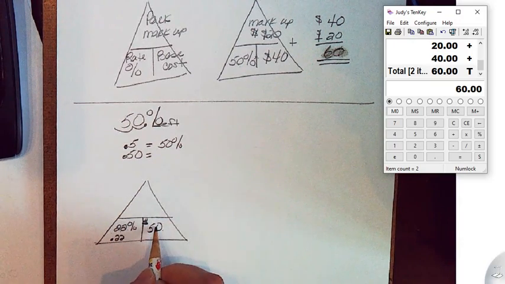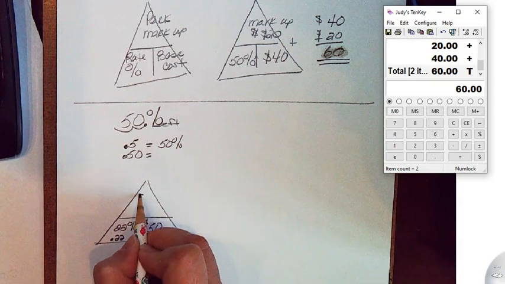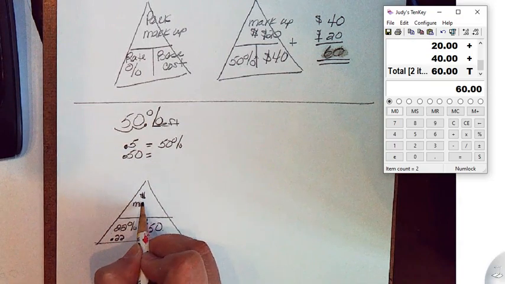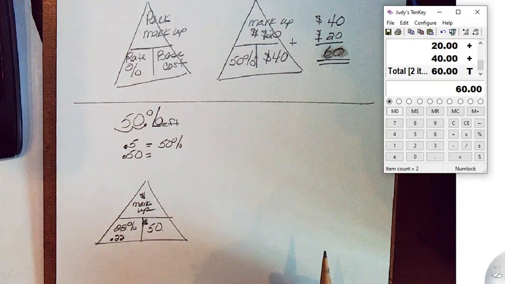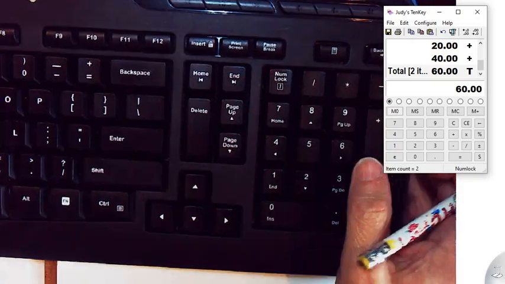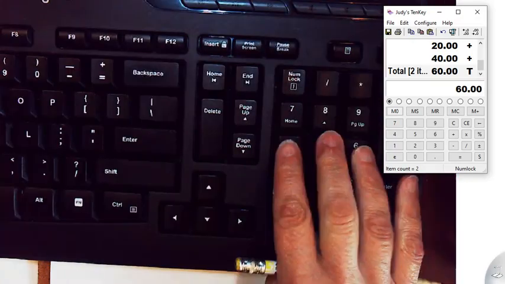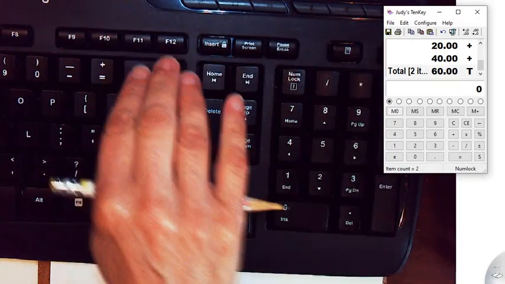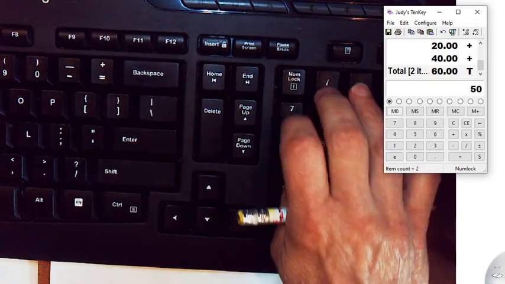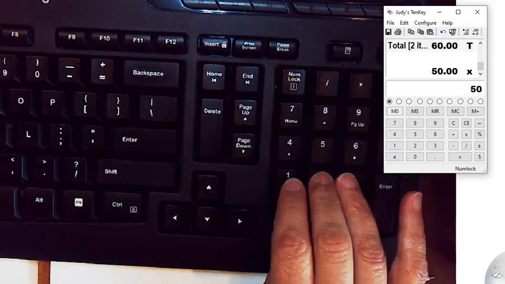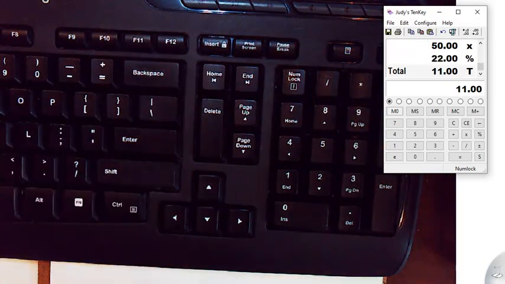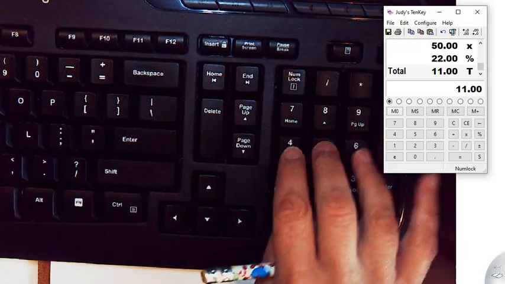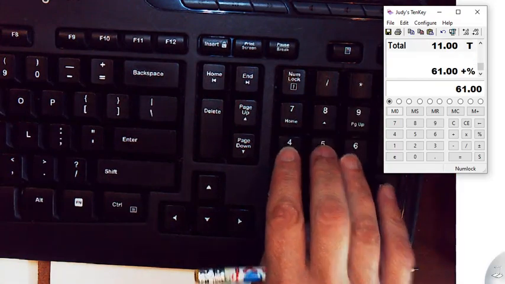The base times the rate is going to give me the dollar markup. So $50 is my cost times the 22%. I'm going to do 22p because it's easier. And the markup is 11. So now I'm going to take the 50 plus the 11 and get 61.